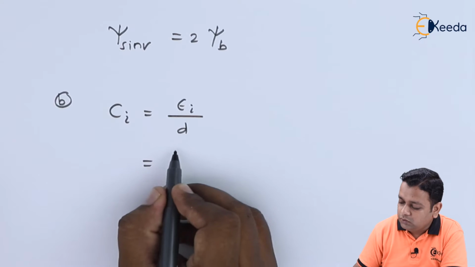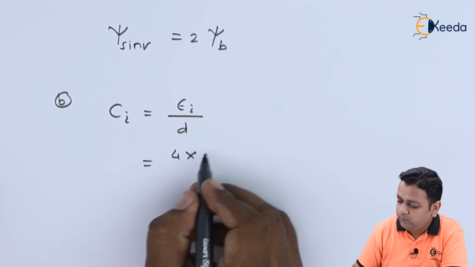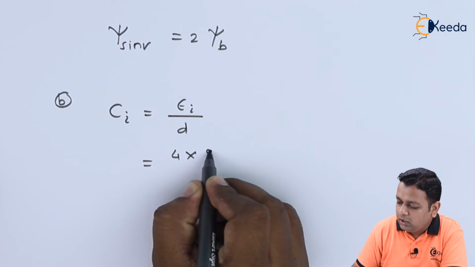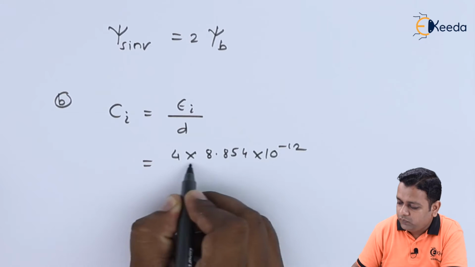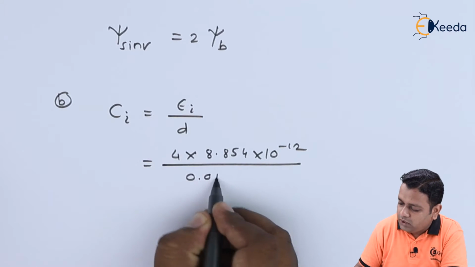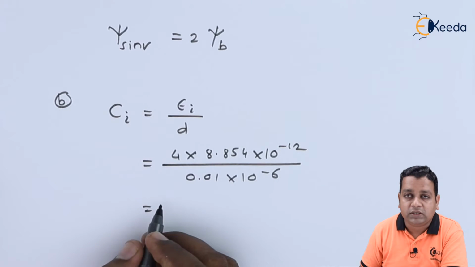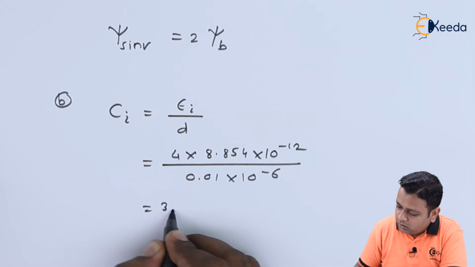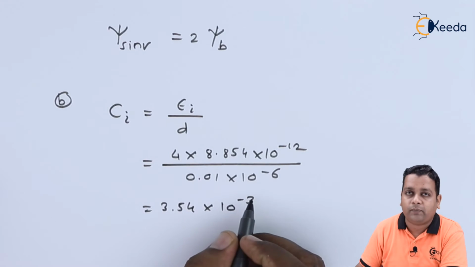So making the substitutions, here we use the dielectric constant 8.854 into 10 raised to the power minus 12, and the dimensional value in the denominator is 0.01 into 10 raised to the power minus 6. So this results into 3.54 into 10 raised to the power minus 3 here.